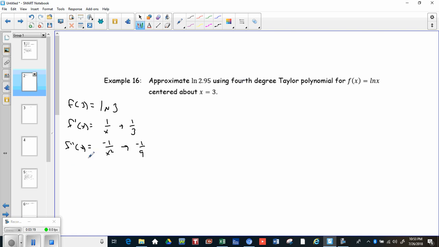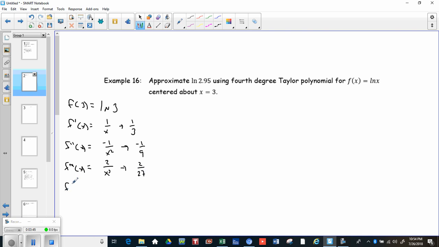We need to do a fourth degree, so we need to go out to 4 derivatives. So the third derivative is going to be x to the negative 2, multiplied by negative 1 gives us 2 over x cubed. So 2 over 3 cubed is 27.